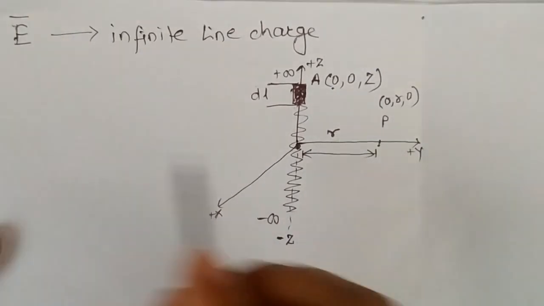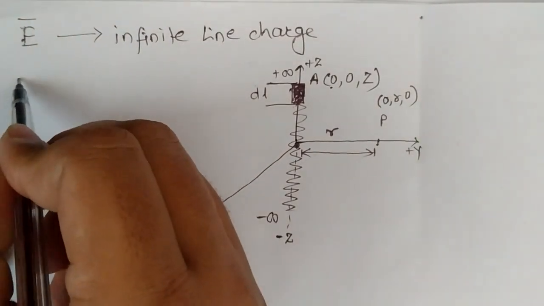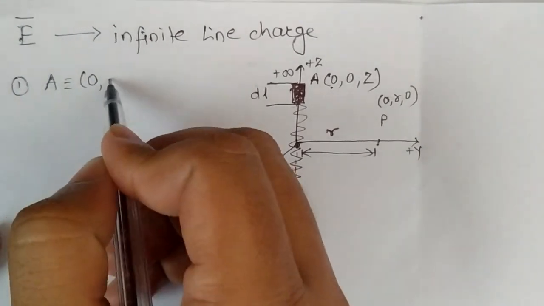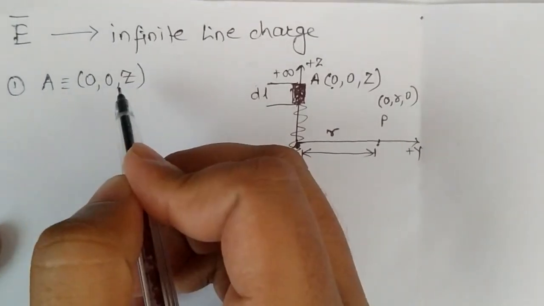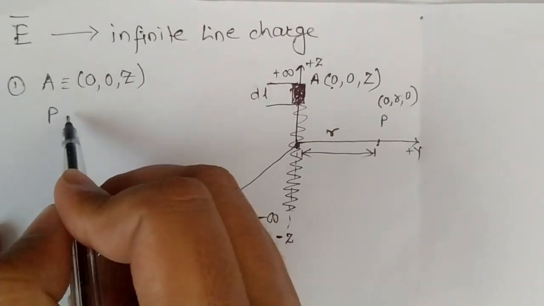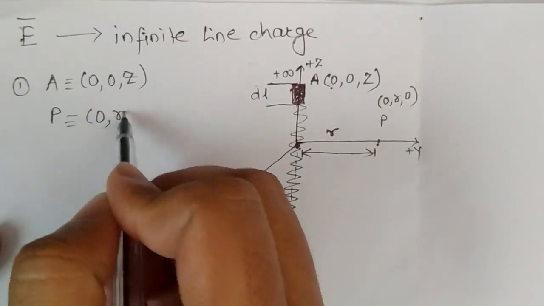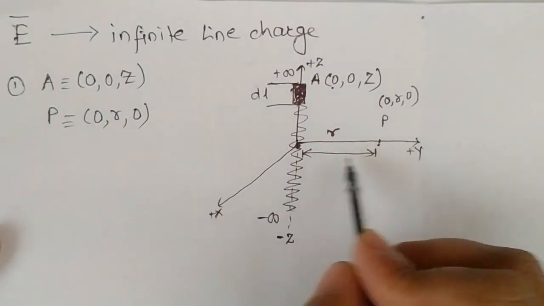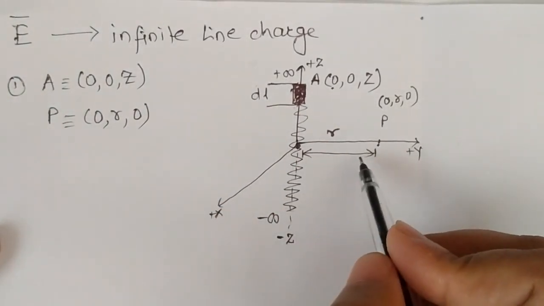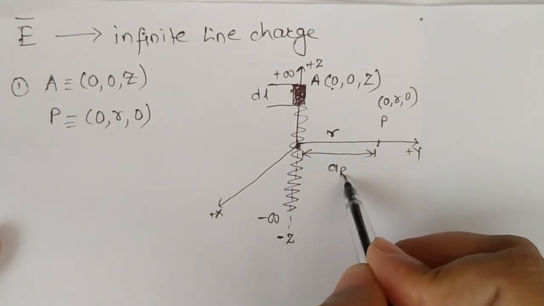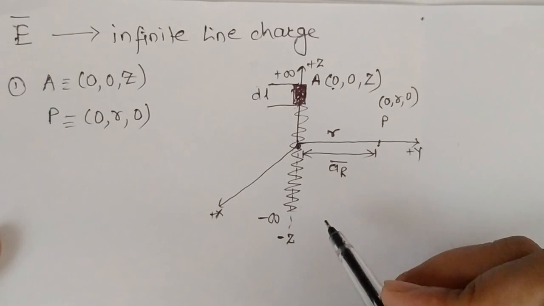So, point number one: the coordinate of point A is 0, 0, z, and the coordinate of point P is 0, r, 0. And this is r, and along this distance r we have our unit vector a_r cap.